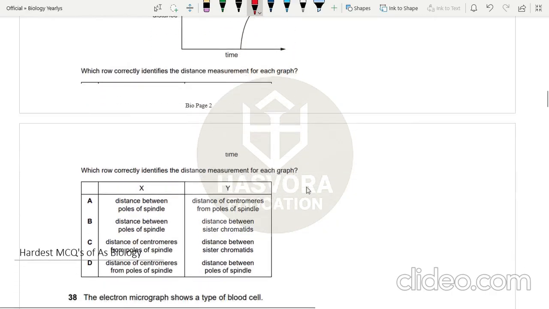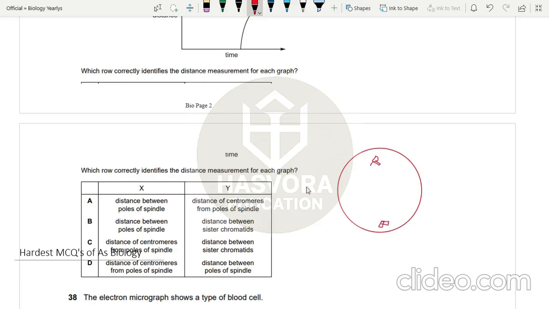So now, in the A we have the distance between poles of the spindle. So now you know that, for example, this is a cell, and we have these centrioles at right angles at both of the opposite ends.